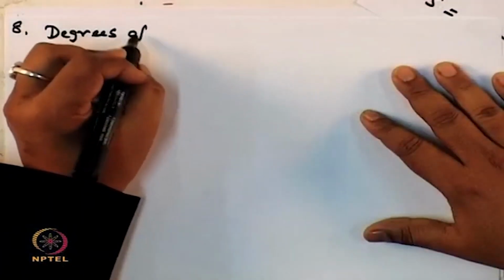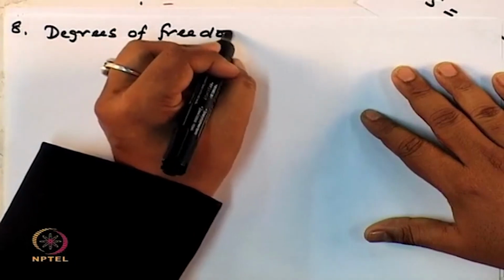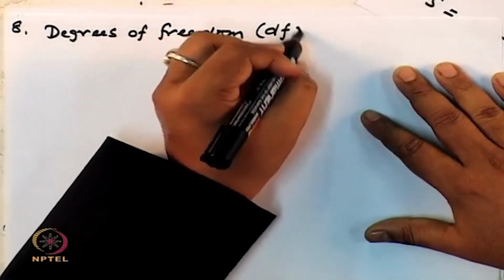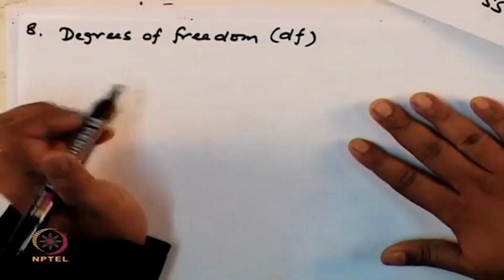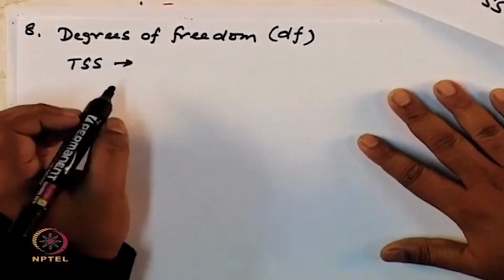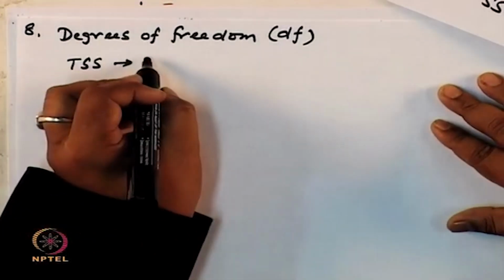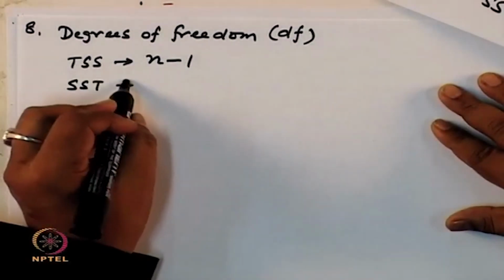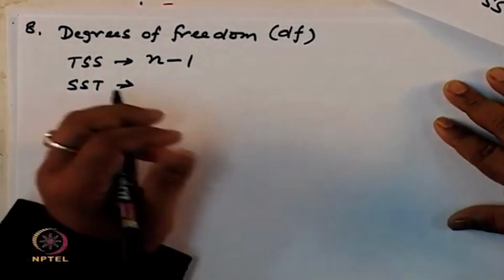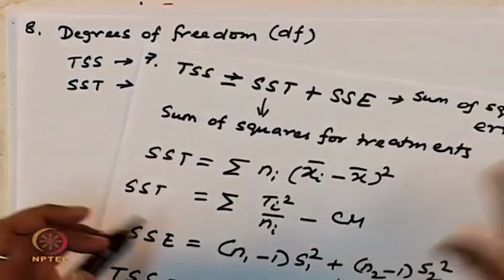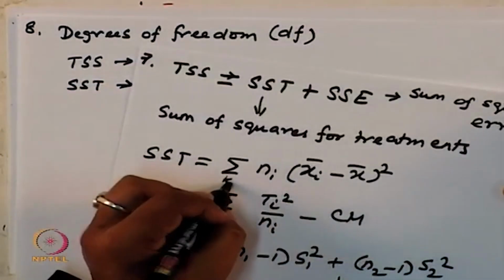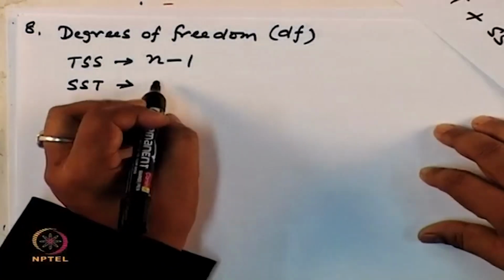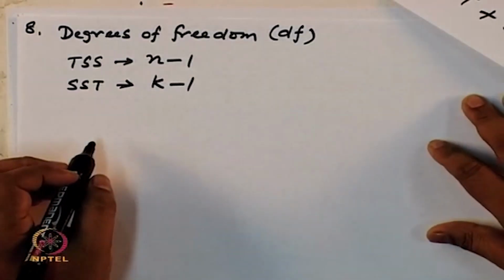So, what can I write about the degrees of freedom for each of these terms? For TSS, you have n terms which you square and add up, so TSS has n minus 1. For SST, you have k terms, so the degrees of freedom for SST is k minus 1.